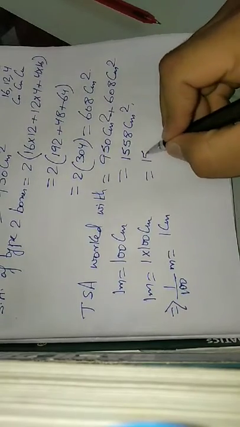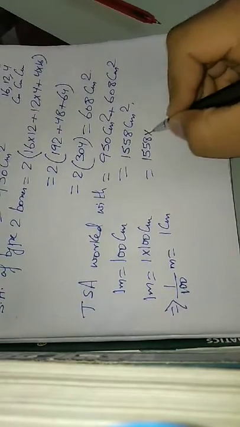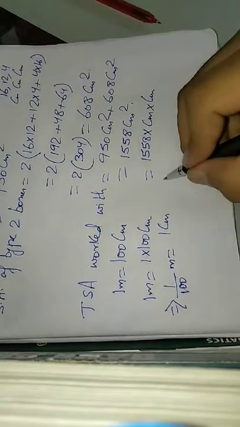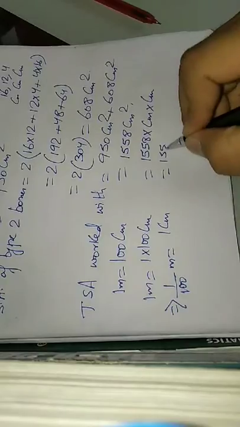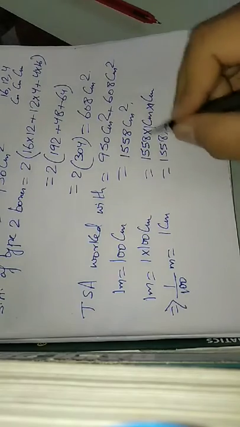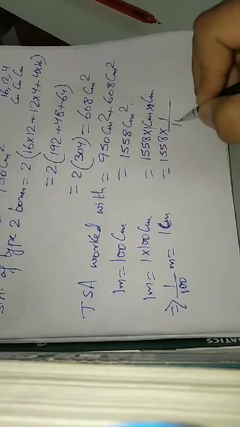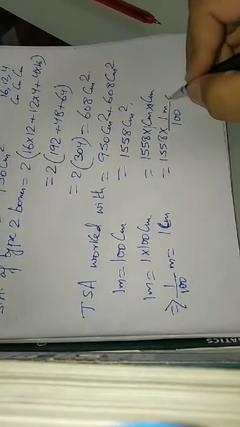Now this means 1558, just for your reference, centimeter square means centimeter into centimeter. I need to convert it into meter. Nothing is written, which means 1 centimeter, and this is 1 centimeter. 1 centimeter is equal to 1 by 100 meter. So this is 1 by 100 meter into 1 by 100 meter.